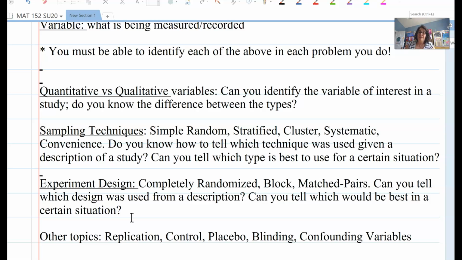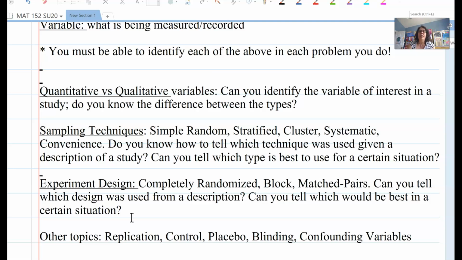There are sampling techniques. The sampling techniques and the experiment design are two different things, so do not mix them. You can use a certain experiment design with different sampling techniques. Sampling technique is how you choose the members of your sample from the existing population.